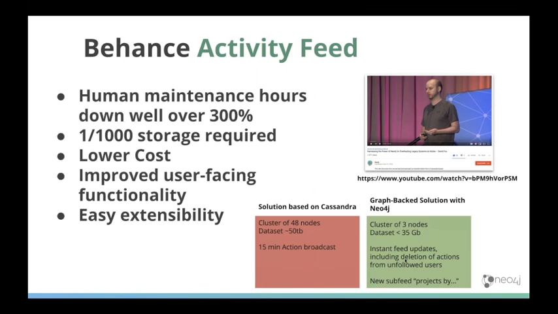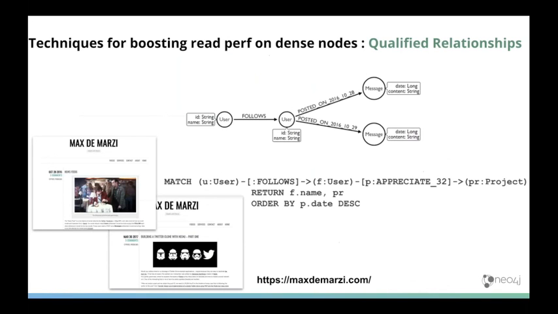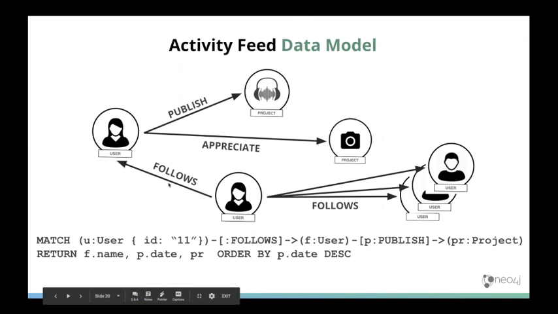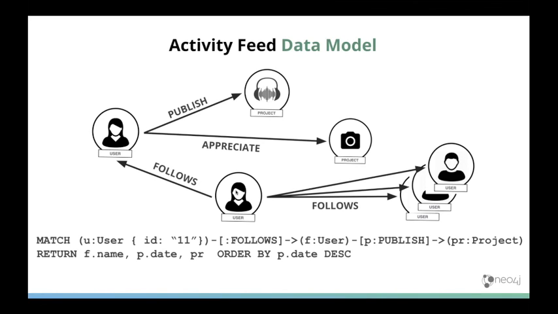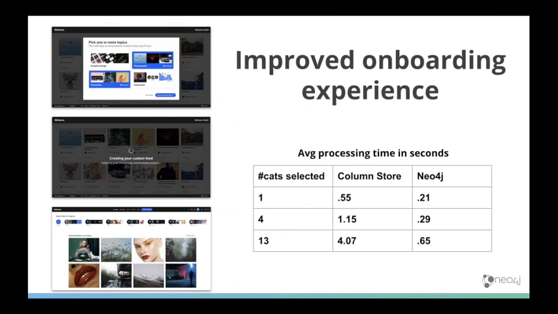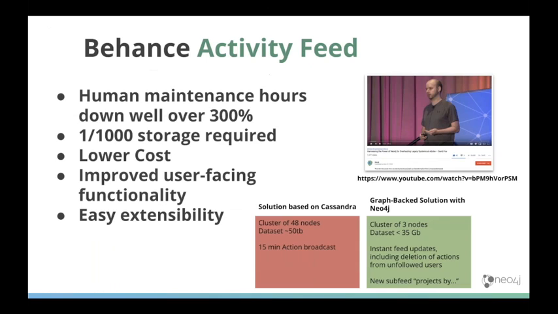Whereas in a graph, all you have to do is go back to this diagram and break this following connection, and the next time you request all the updates from the people you follow, you will just not get it. It's as simple as that. So, immediate visualization of the results of an unfollow operation.